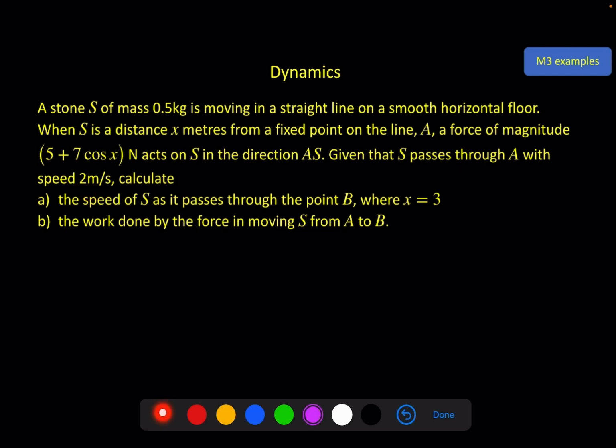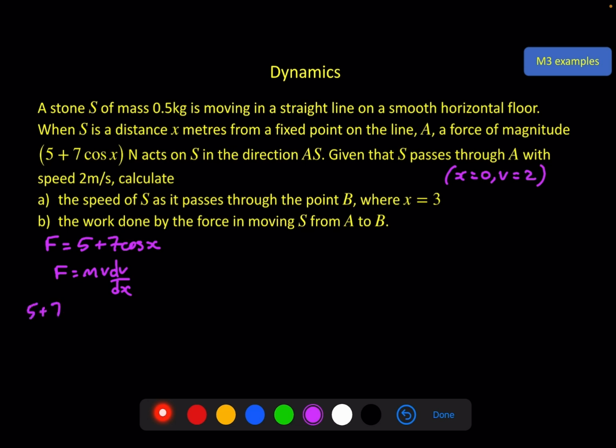So let me clear this up here. This is telling us x equals 0, v equals 2, that's a boundary condition there, and we're told F is equal to 5 plus 7 cos x. Of course we know F is equal to ma as well, where a here I'm going to change into v dv by dx, because our force is a function of x and not t.